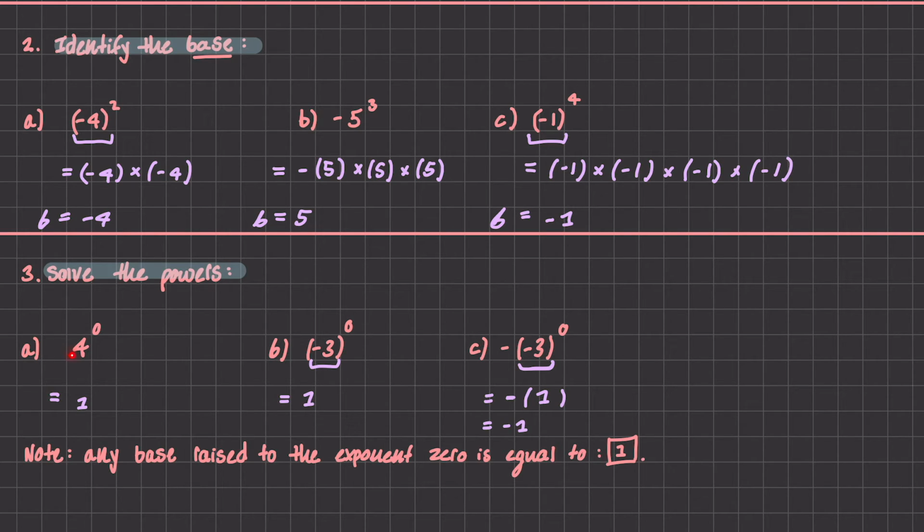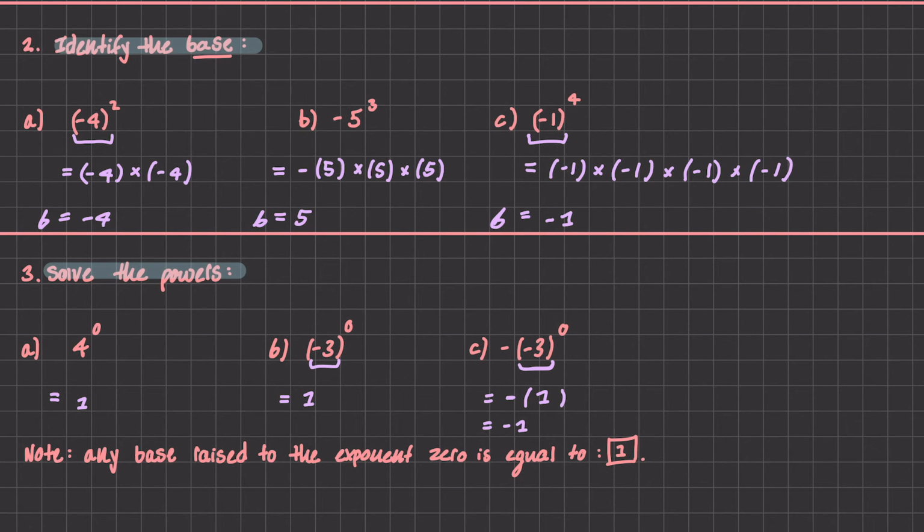For example, in 4 raised to the exponent of 0, we know that any base raised to the exponent 0 is equal to 1. So that's simply 1. Here again, we know our base is equal to -3, and any base raised to the exponent 0 is equal to 1. But here, this negative is not included in the base that's being raised to the exponent 0.